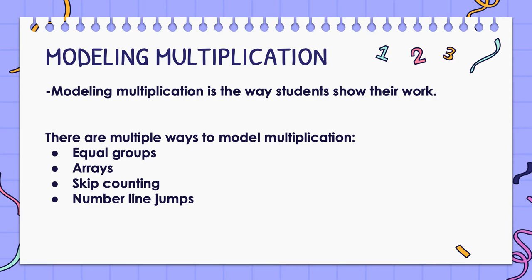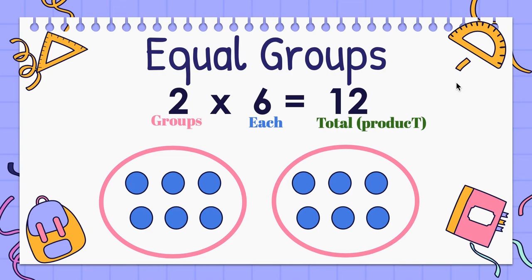Modeling multiplication is the way that students show their work. There are multiple ways to model multiplication, like equal groups, arrays, skip counting, and number line jumps. In this example of equal groups, we're using the J.E.T strategy to show our work. The J.E.T strategy stands for groups, how much in each group, and the total or product.